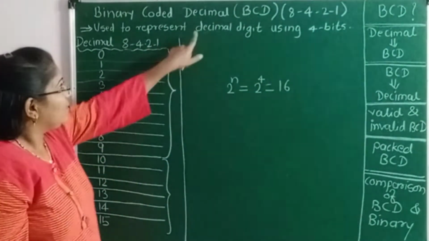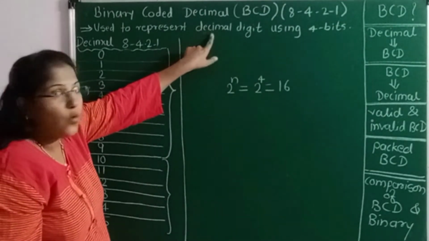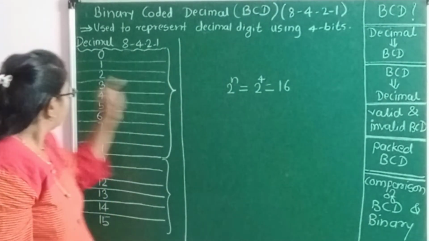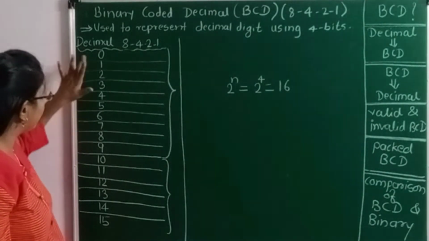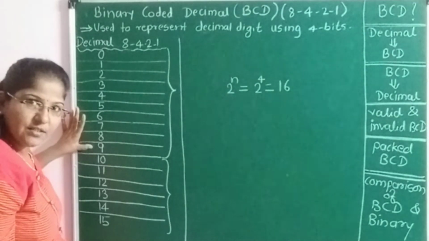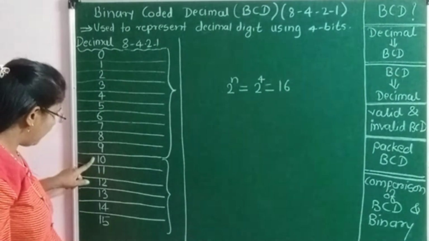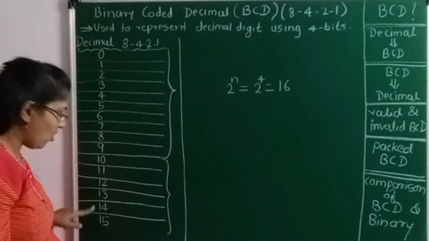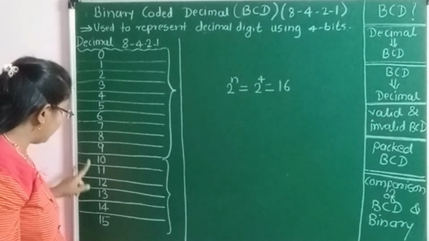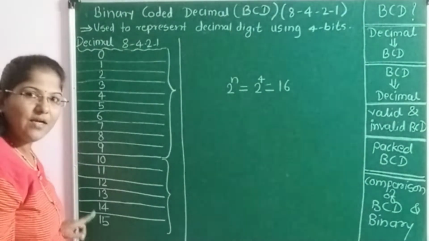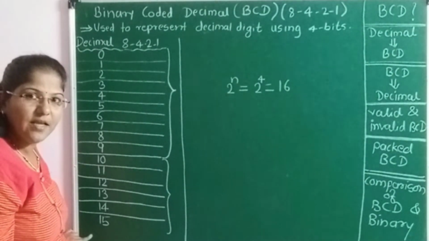But this system is used to represent only the decimal digits. So 0 to 9, these are called as the decimal digits. Now what about 10 to 15? Here you can see 10 to 15, these are not the decimal digits. These are the combination of the decimal digits which are used to represent the number.